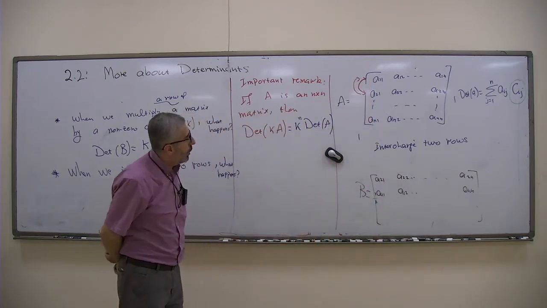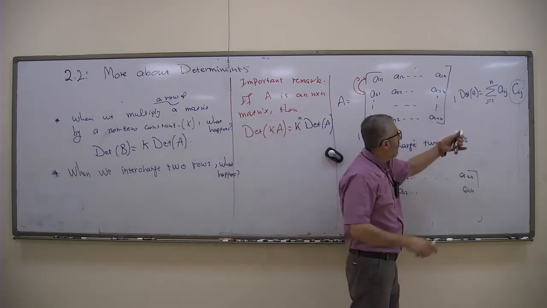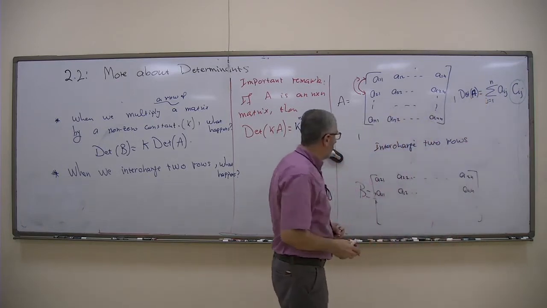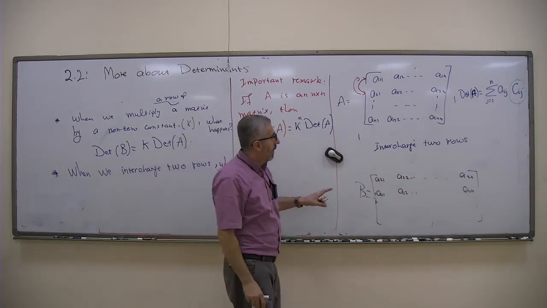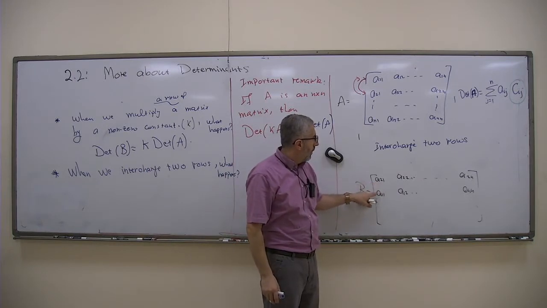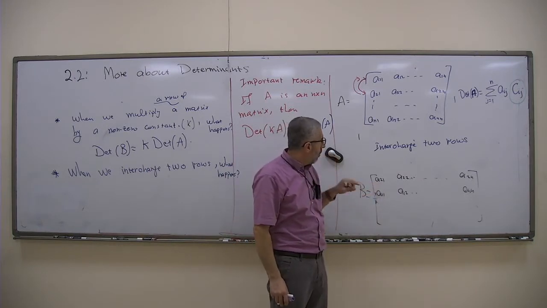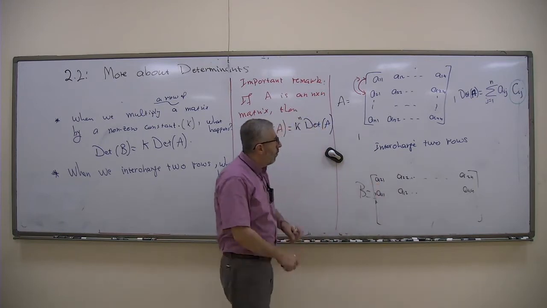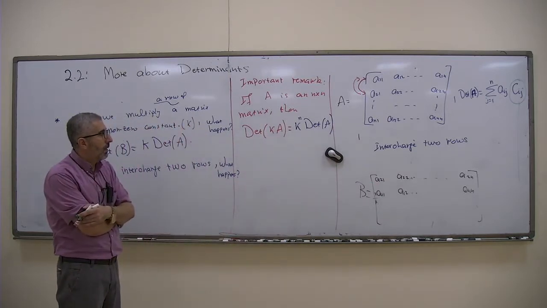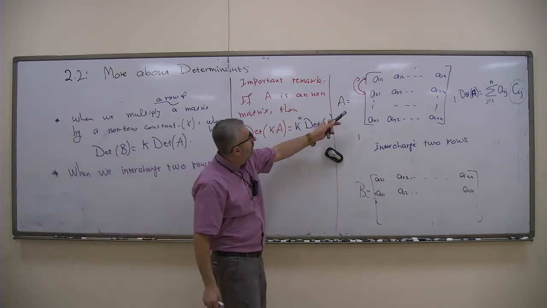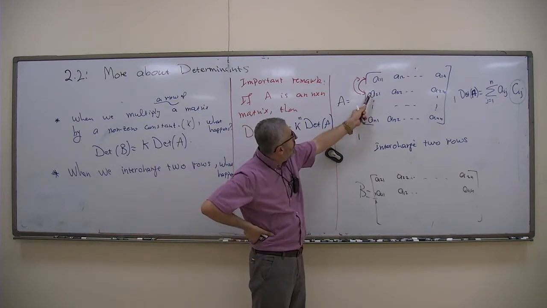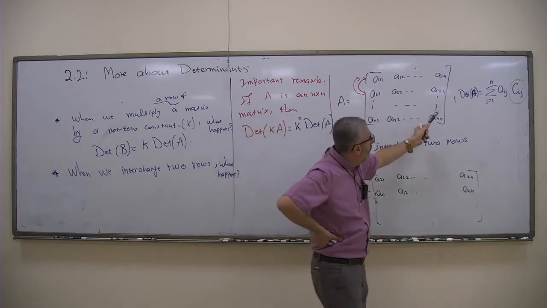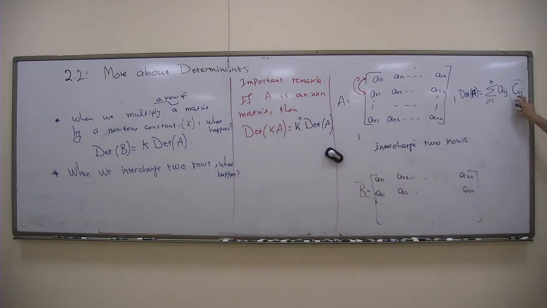What is the relationship between determinant of A and determinant of B? Look here. If you come to write the determinant using the first row, it will be the same as if you here do it using the second row, but that is going to contribute a negative sign in the cofactors, correct?